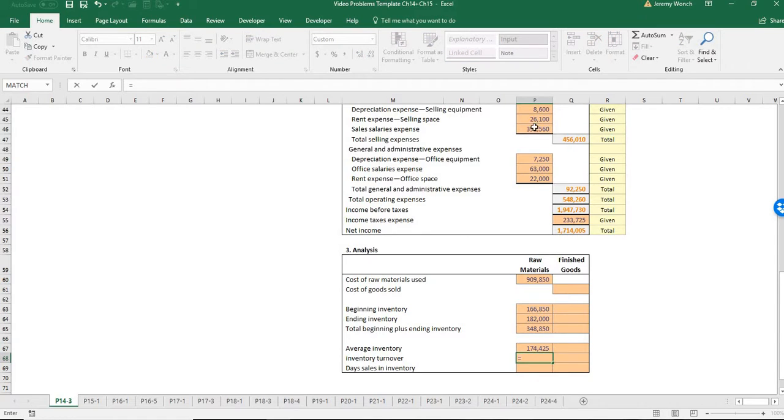So that is just going to be defined by our cost of raw materials divided by our average inventory. And so inventory turnover, so that means we turned over that inventory 5.2 times throughout the year.